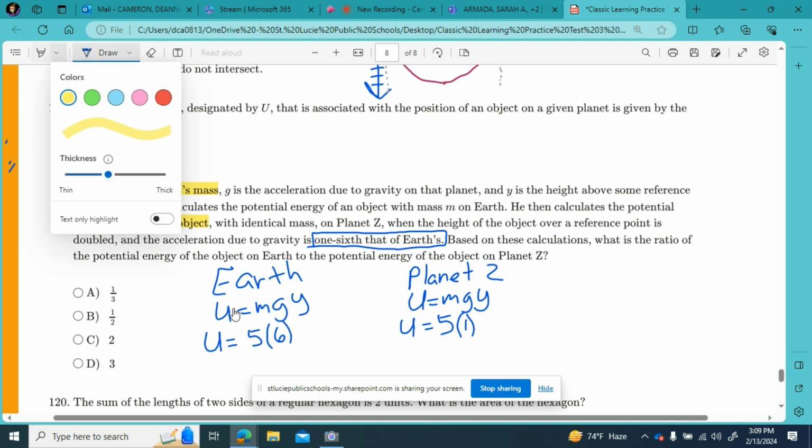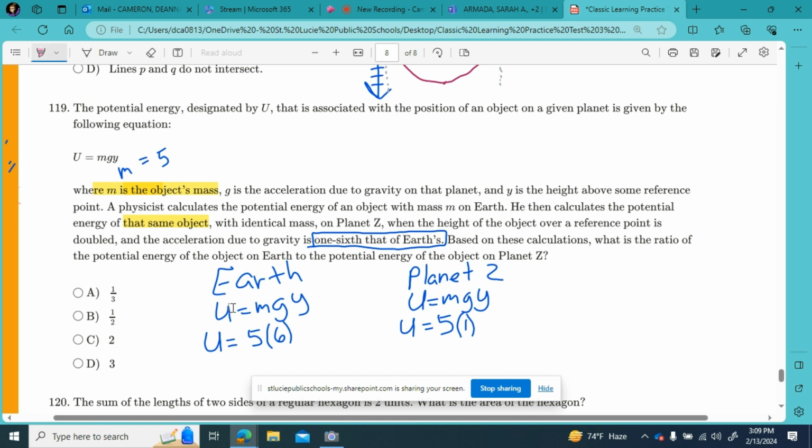Here's the height stuff. When the height of the object over a reference point is doubled. Okay, so on Earth, if we say it's at 2, double it. 2 times 2 is 4 on planet Z.